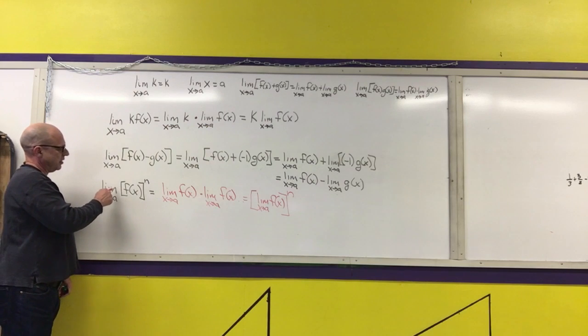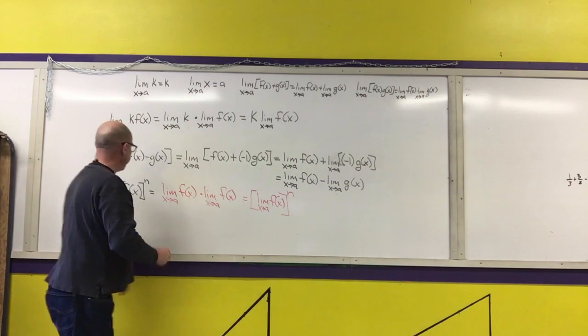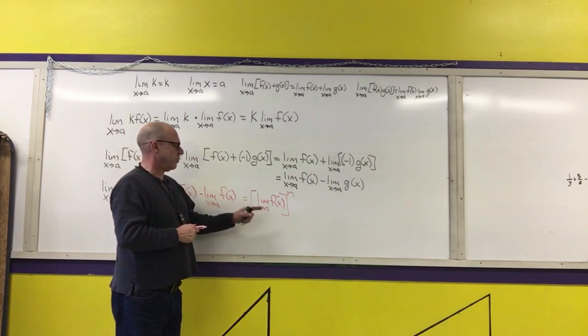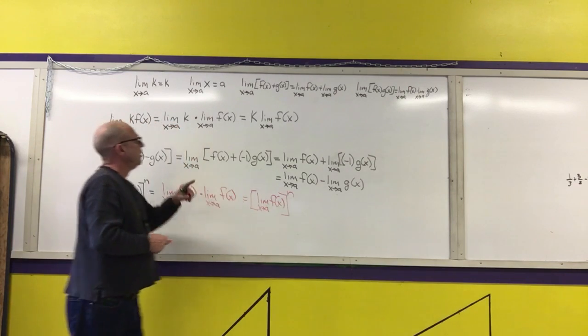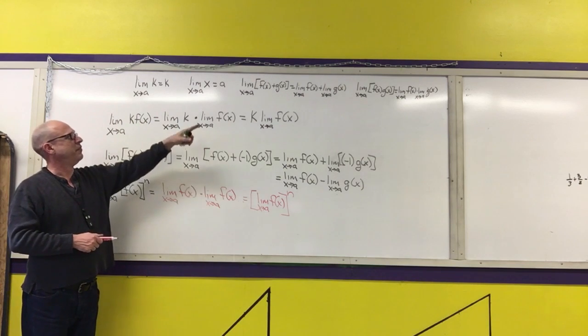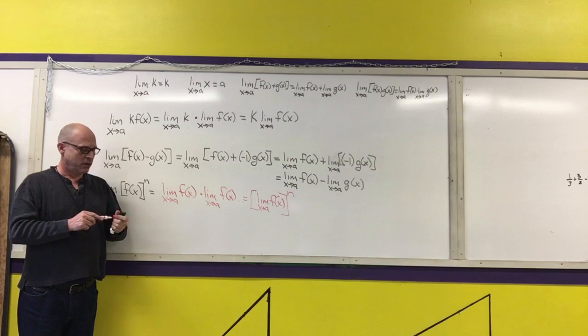So what it says is the limit of a function raised to a power is the same thing as the limit of that function, raised to a power. Using all of these properties, we're going to be able to show that it's going to be very easy for us to take limits of polynomial functions.